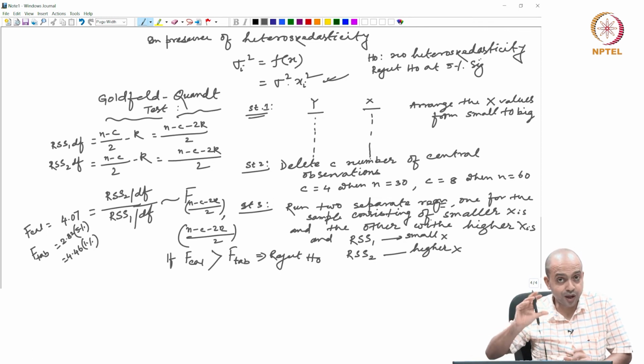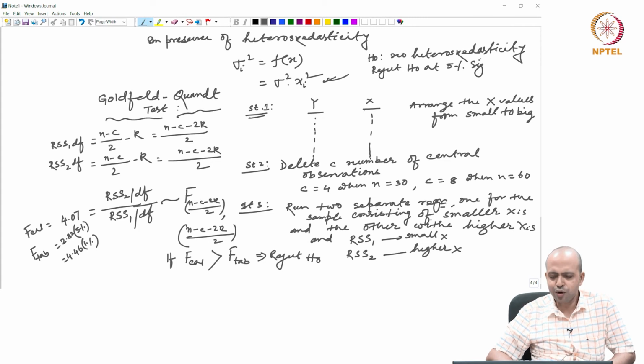That is why, from the graphical representation also, it was not a very clear indication about heteroskedasticity, but somehow you have some kind of indication because rejecting null at 5% is also sometimes acceptable. So, this would be your decision making.